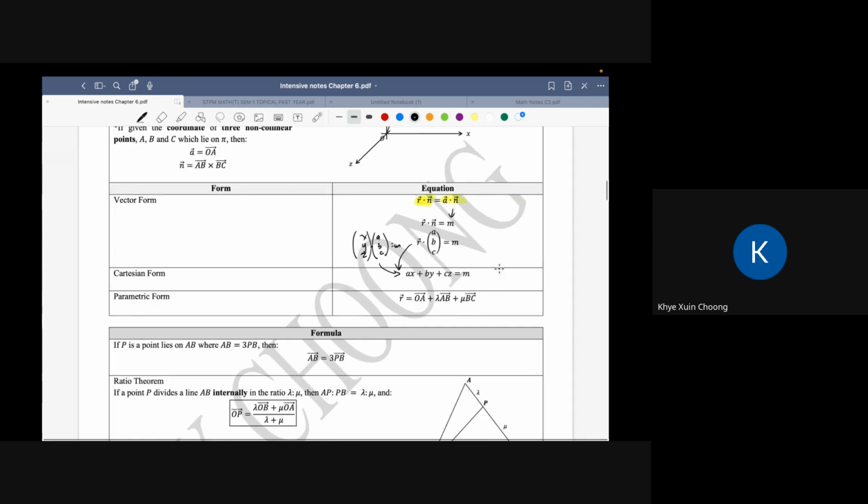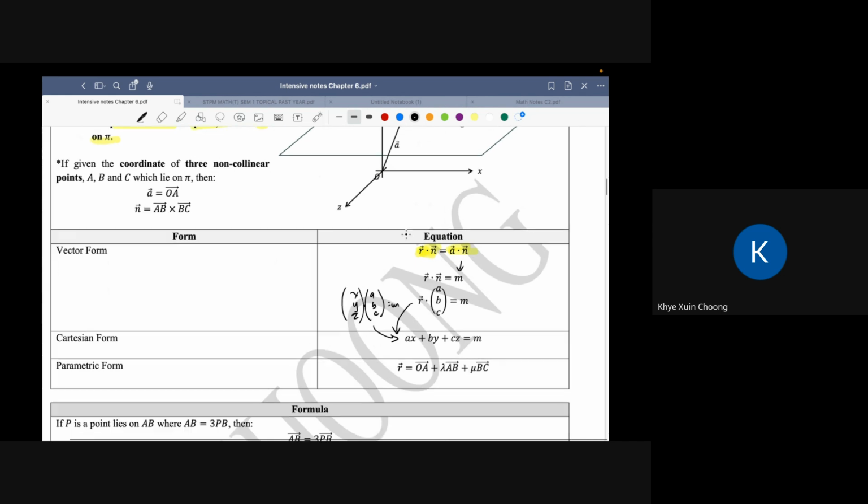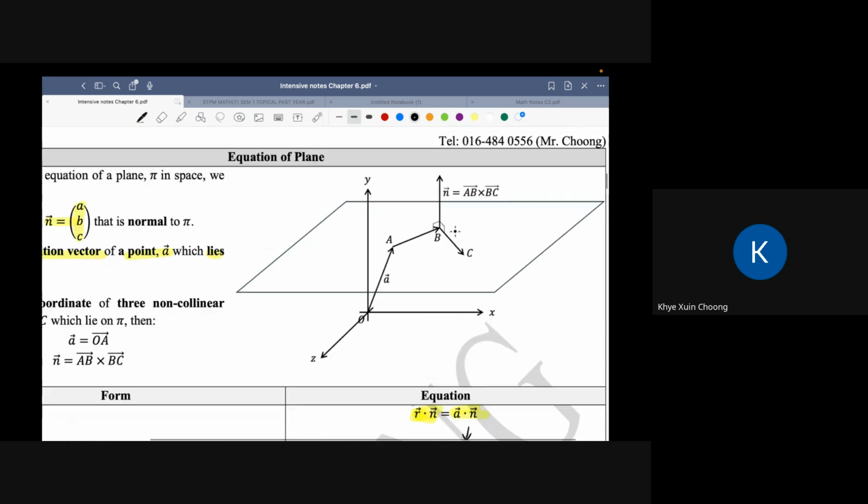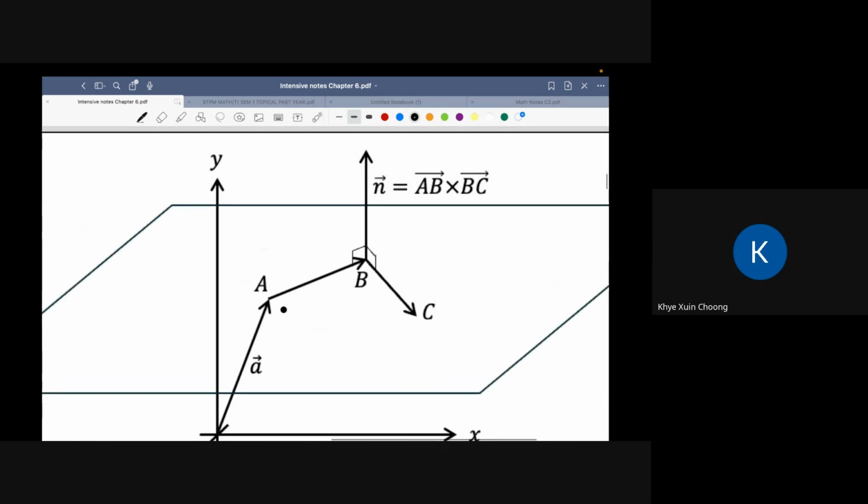Okay, so there is actually another seldom used form called the parametric form. If you want to describe the plane using a parametric equation, it is similar to the equation of a line, but for a line you just need one direction vector. For a plane you need two direction vectors, because with just one direction vector it will only go in one straight line.